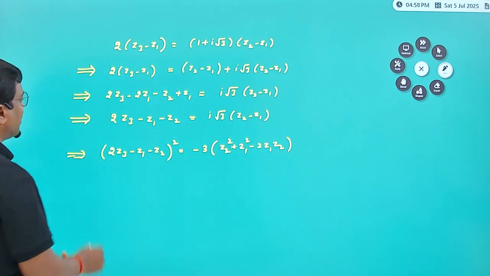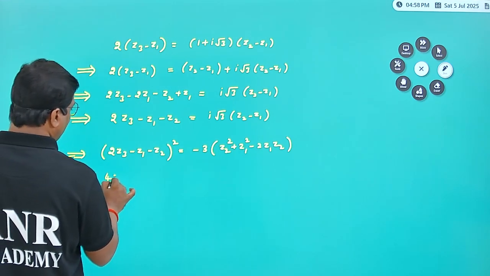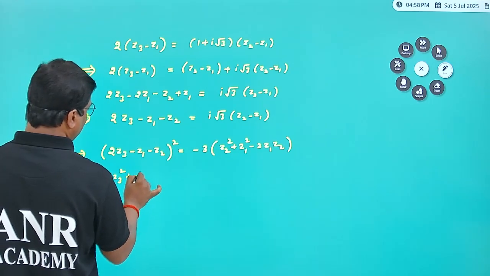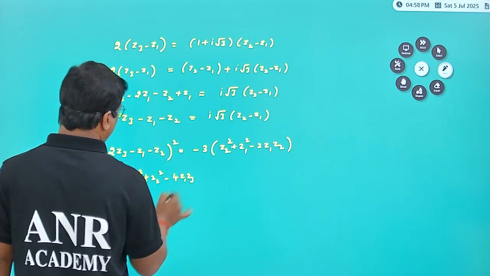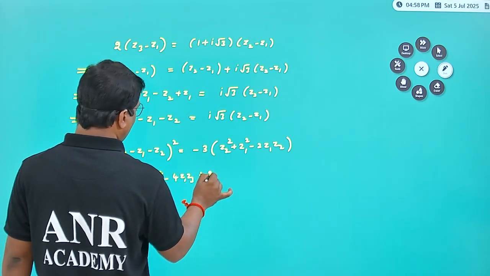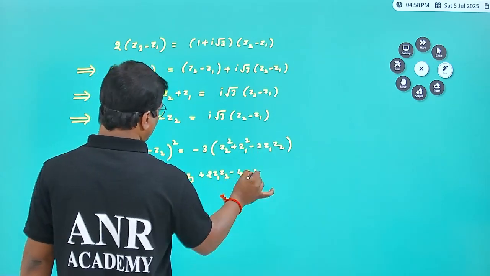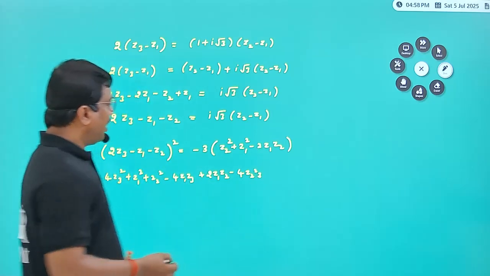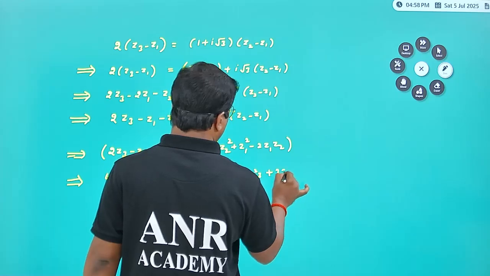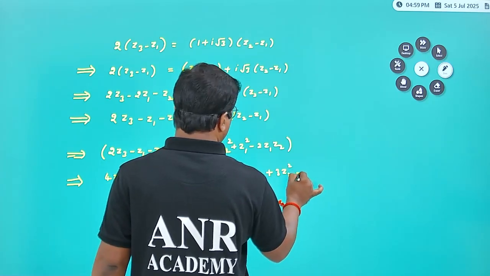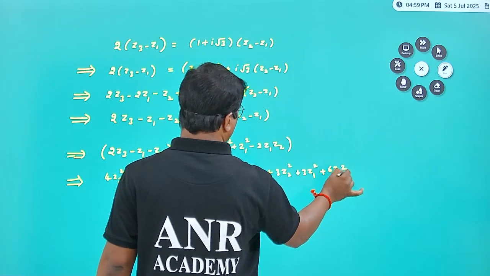Now if you simplify this, 4 times of Z3 square plus Z1 square plus Z2 square, next minus 4 Z1 Z3, next plus 2 times of Z1 Z2, next minus 4 times of Z2 Z3, next transfer right terms into the left part, you will get plus 3 Z2 square plus 3 Z1 square plus 6 Z1 Z2, it is equal to 0.